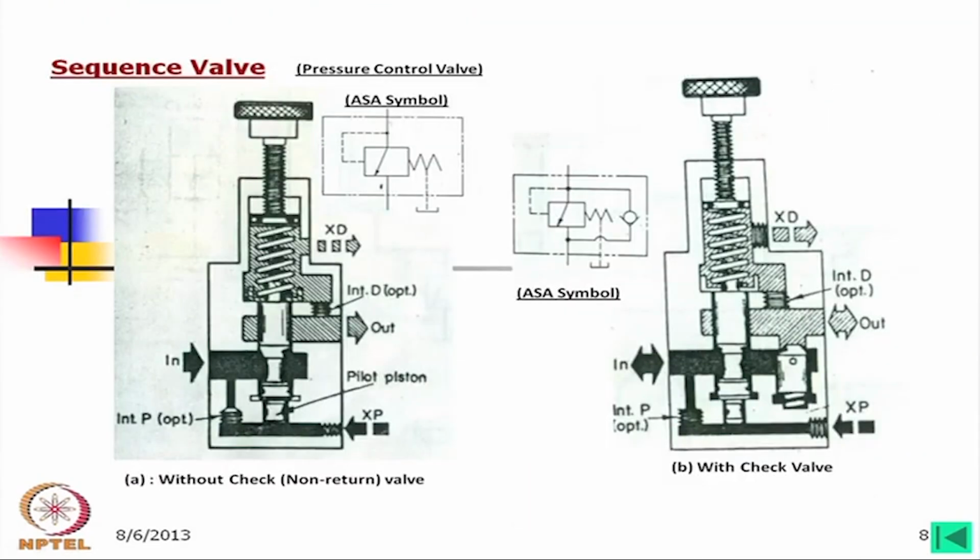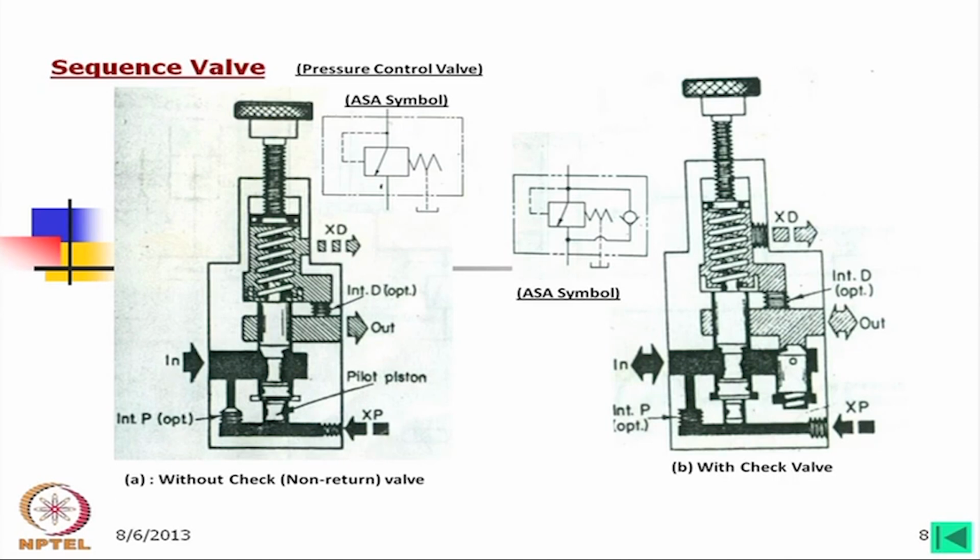Now, we shall consider the sequence valve. The sequence valve is also a pressure relief valve, but better we should call it a pressure control valve. This sequence valve has different applications. Ordinarily it looks like a relief valve.